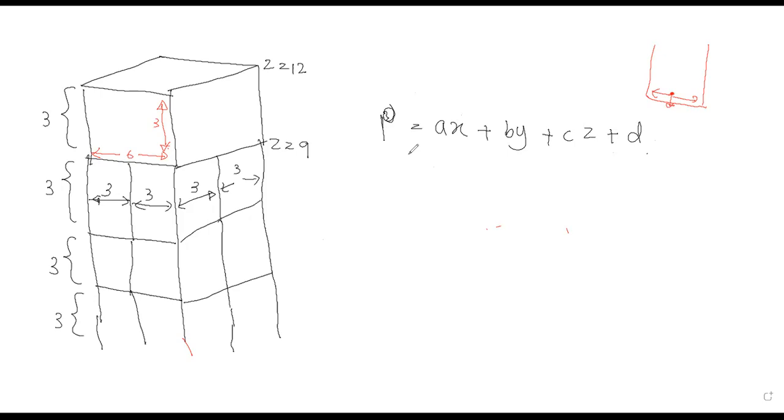What you and I know is the triangular variation, right? For this triangular variation at Z equals 12, we know the pressure is 0, right?